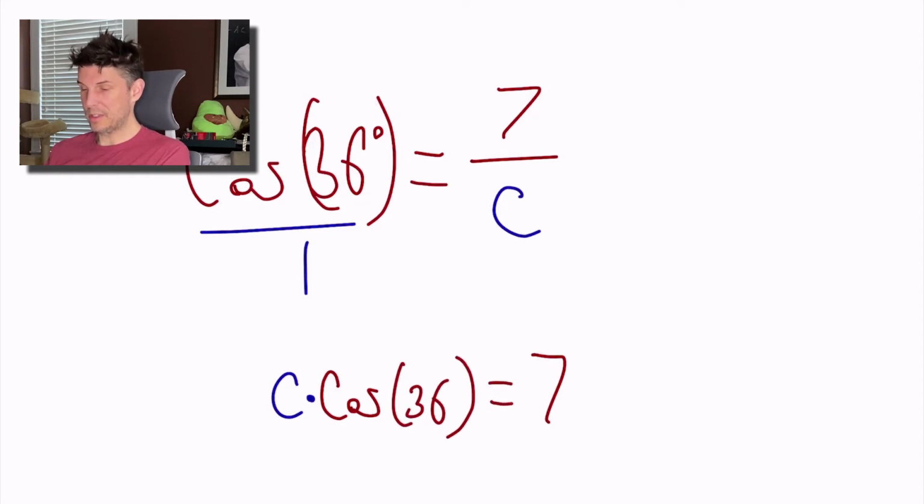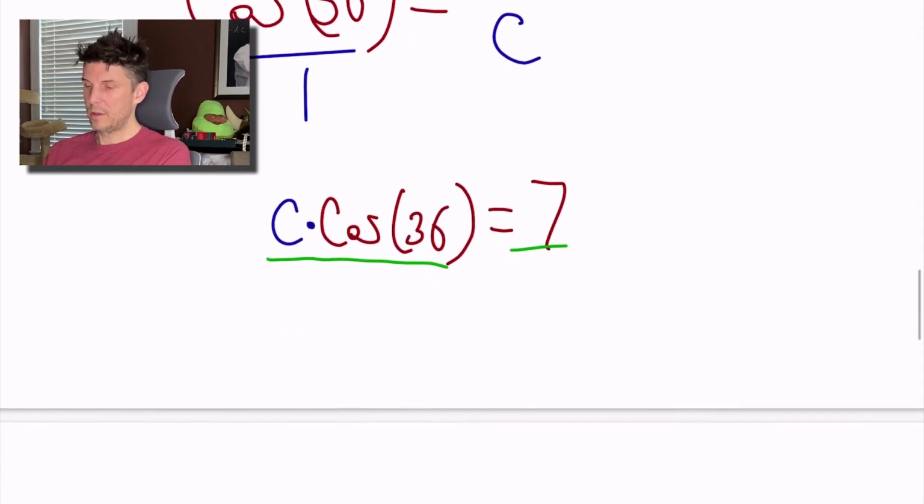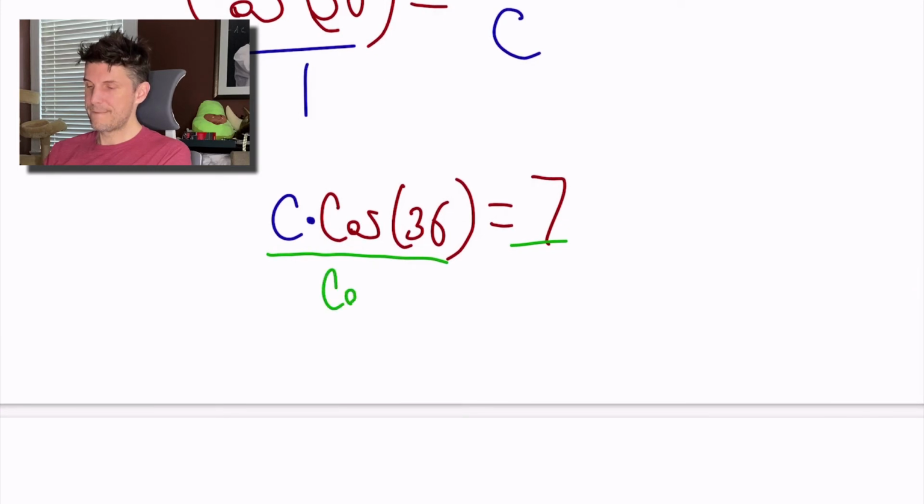And that equals 7. So I need to get C by itself. C is the variable. Cosine 36, not a variable. That's a number. So I'm going to divide now both sides by the cosine of 36. Okay, so those divide out.